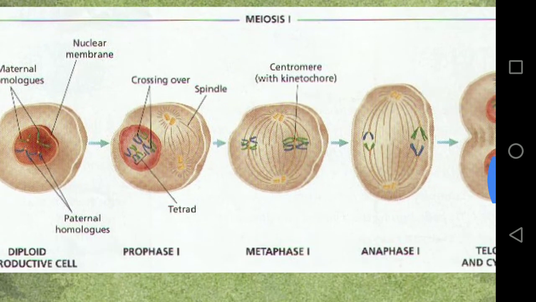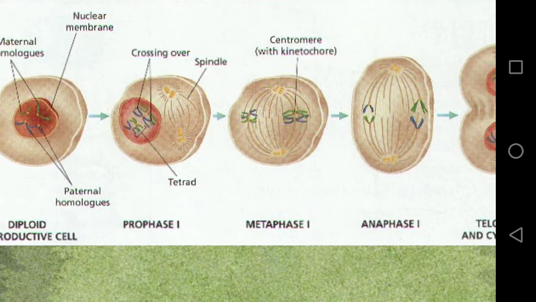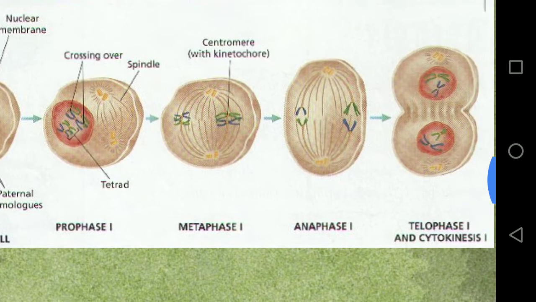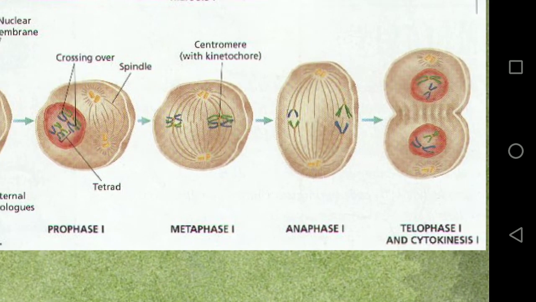And then you can see in metaphase 1, the chromosomes are paired up and aligned, just like we saw in mitosis. But what's kind of interesting is that in anaphase 1, during meiosis 1, the chromosomes are not separated from each other and pulled apart.